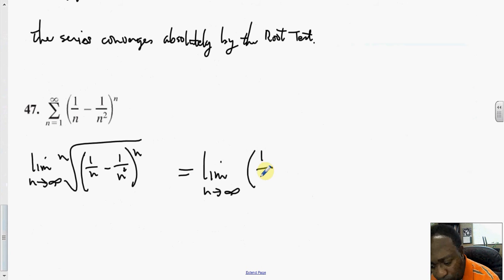But no, 1 over n minus 1 over n squared. The limit of 1 over n as n goes to infinity is 0, and the limit of 1 over n squared as n goes to infinity is 0. So we have 0.